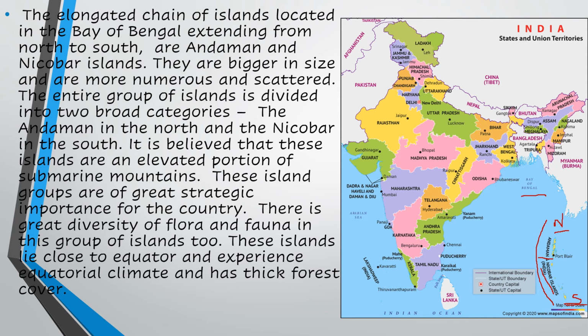As they are scattered, Andaman goes to the north and Nicobar Islands come to the south. It is believed that these islands are an elevated portion of submarine mountains. These island groups are of great strategic importance to the country, from the point of view of trade.